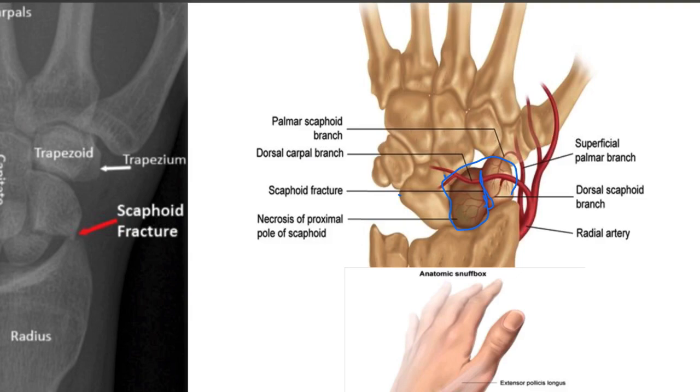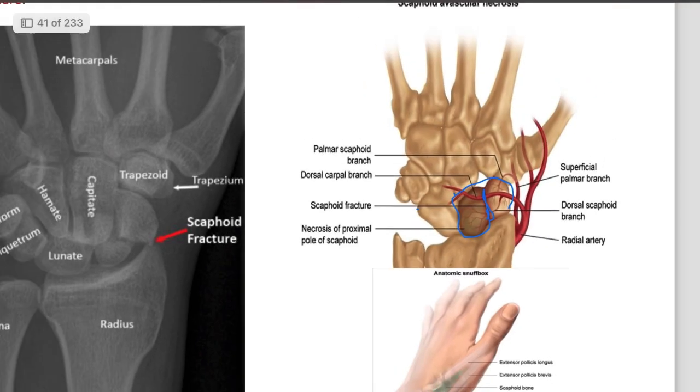So the blood supply enters from distally and flows proximally in a retrograde fashion. A fracture can disrupt this supply, so it can lead to avascular necrosis of the proximal pole. So that's why this is a very important fracture.